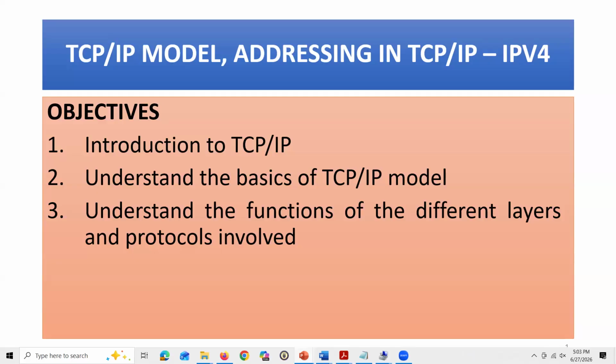Now, with TCP IP, in fact, these two are different protocols. TCP, the full meaning is Transmission Control Protocol. And then the IP is Internet Protocol. They are two different protocols that were developed at two different times, and they were meant to work separately, or they started working separately.